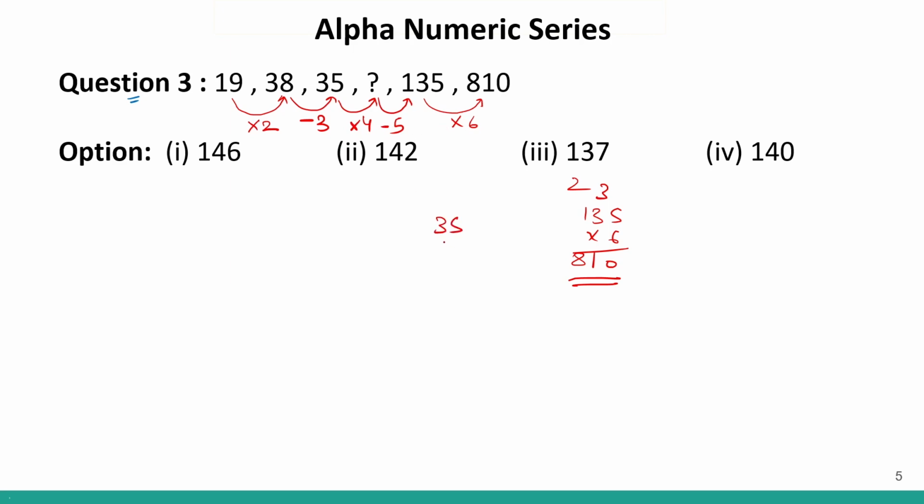If I multiply 35 into 4, this will be 140, correct? And if I subtract 5 from 140, I'll get 135, which is true. So 140 is in alignment with the previous number as well and with the next number as well. So this will be my answer, that is option number 4, 140.